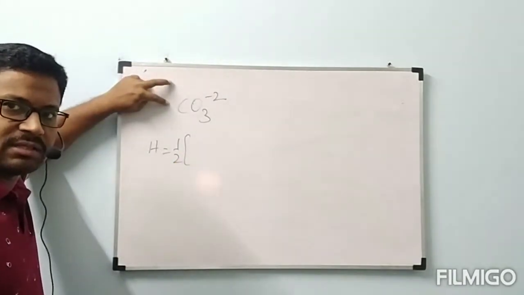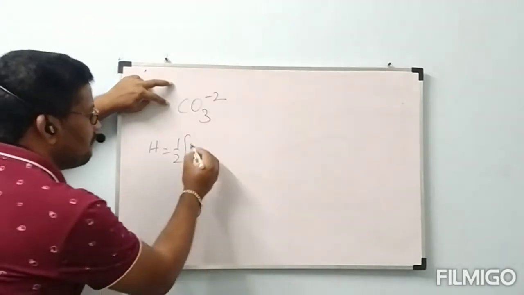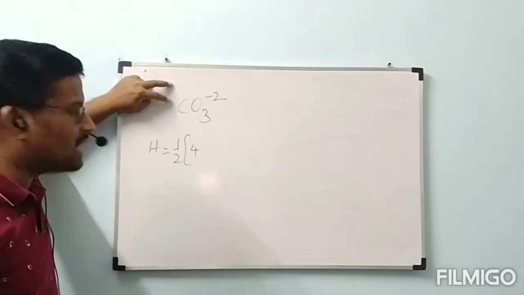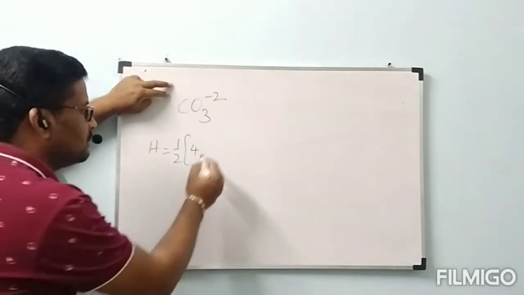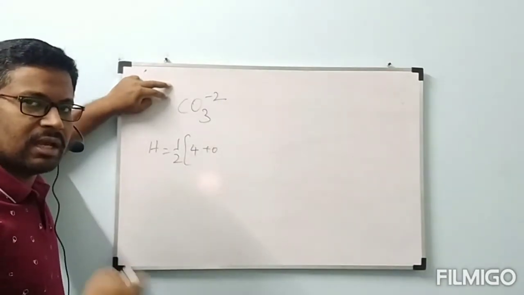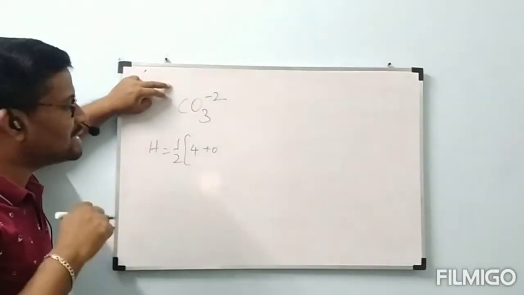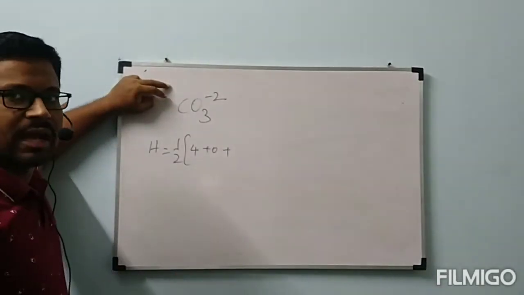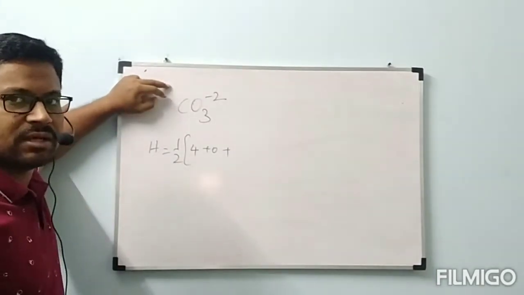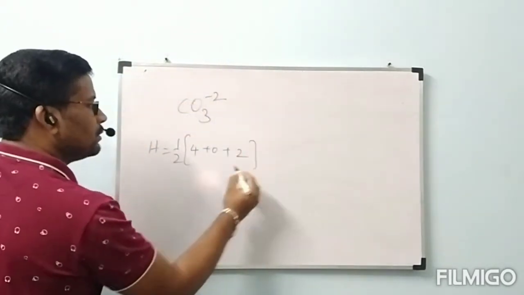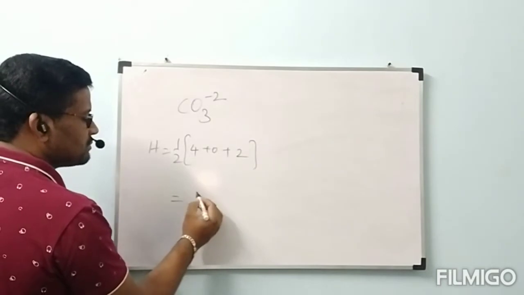Number of valence electrons present on carbon is 4. Is any monovalent atom bonded to carbon? No, oxygen is divalent. So 0 plus 0 minus C plus A. Here there is no need to consider cation charge because this is an anion. So plus A, where capital A is the numerical value present on the anion. What is the numerical value present? 2. So 4 plus 2 is 6, 6 by 2 is 3.